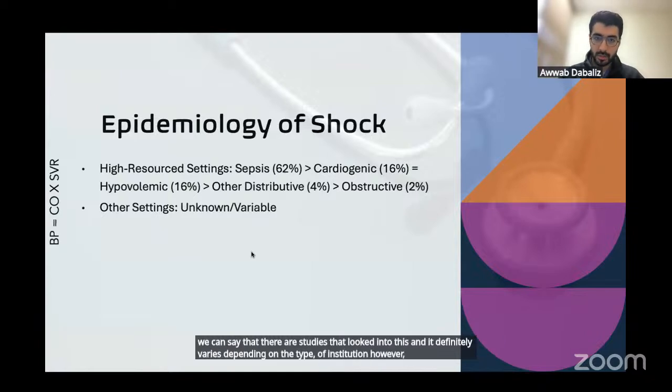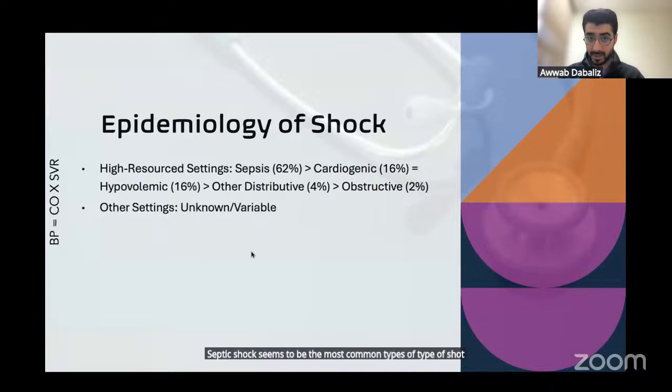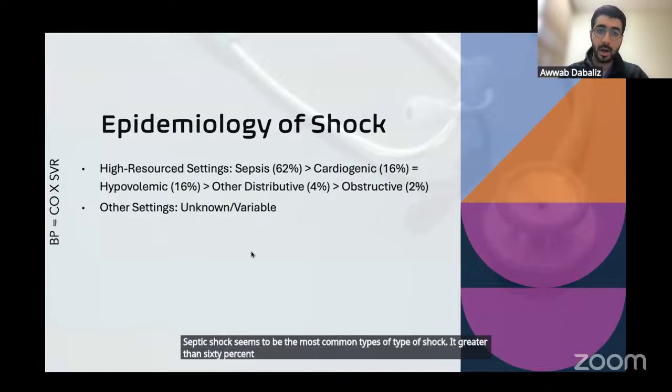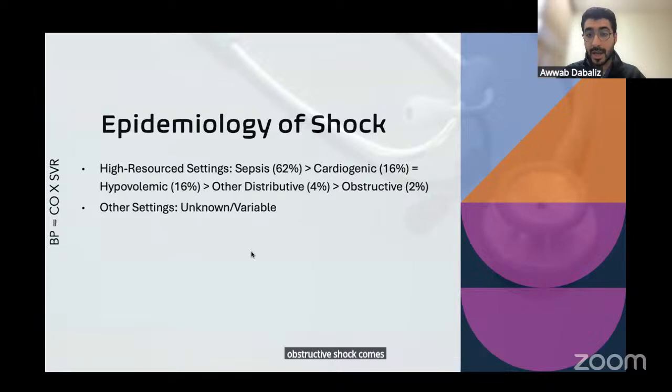However, in a generalized sense, septic shock seems to be the most common type, at greater than 60% of all comers with shock. The second and third most common are cardiogenic and hypovolemic at around 16%, followed by other types of distributive shock, such as anaphylactic shock at 4%. Obstructive shock comes last, at 2%.